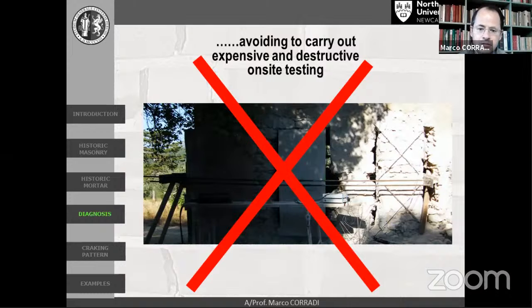initially on a lot of buildings, and the information that we got from over 100 tests on site, because we cannot do laboratory tests for historic masonry, because historic masonry cannot be transported to the lab, because the vibration will cause irreparable damage. So you need to do on-site testing.